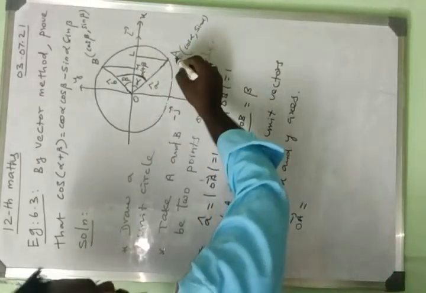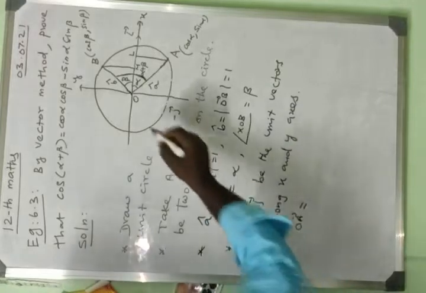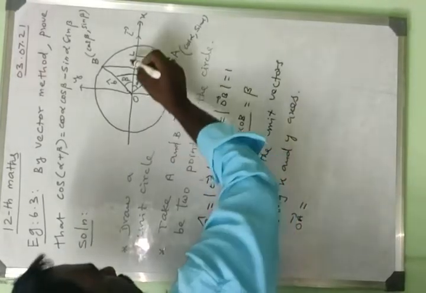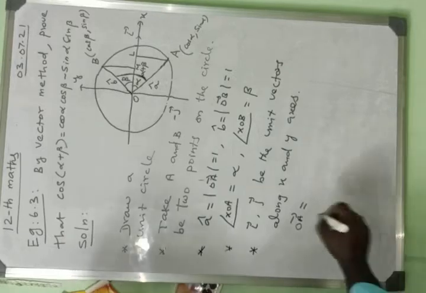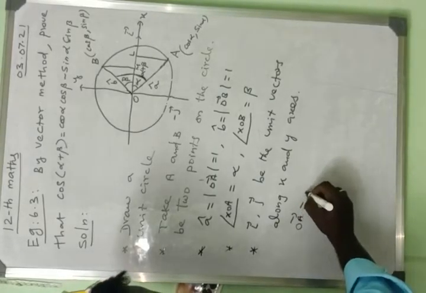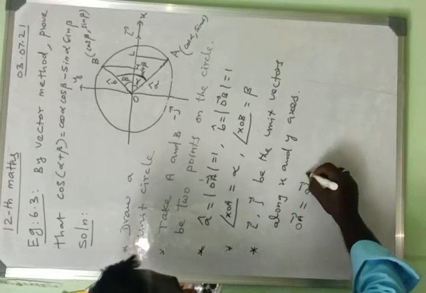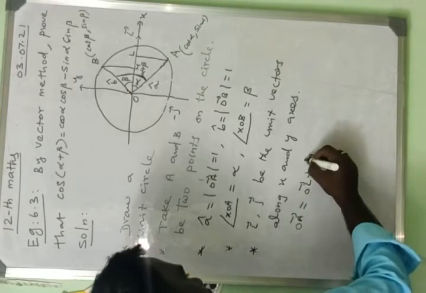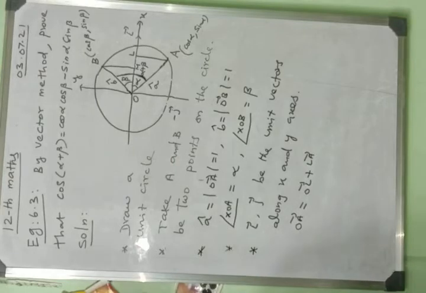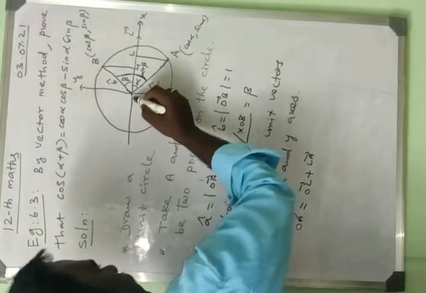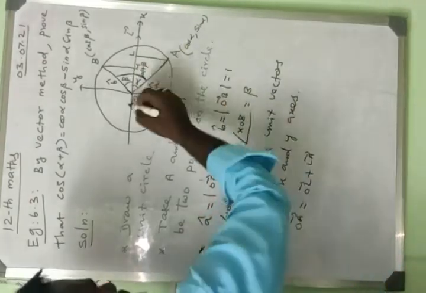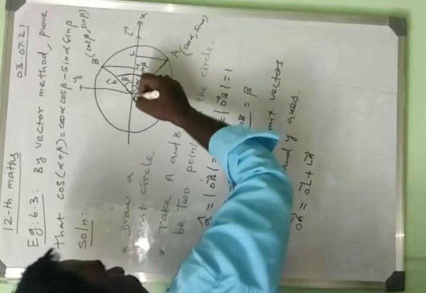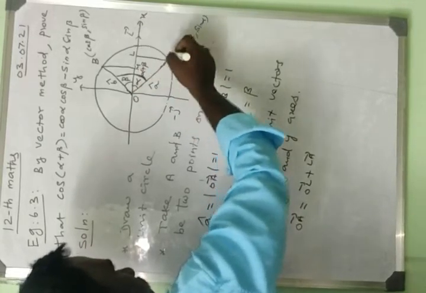So here OA means OL plus LA; we add the other sides. What are the other sides? OL and LA. So OL plus vector LA.